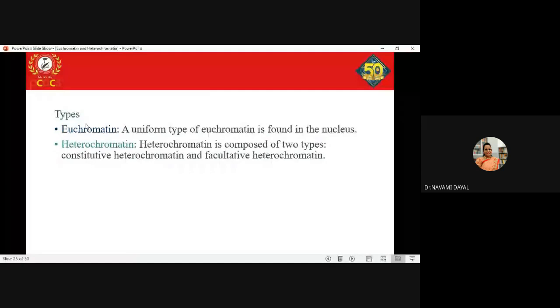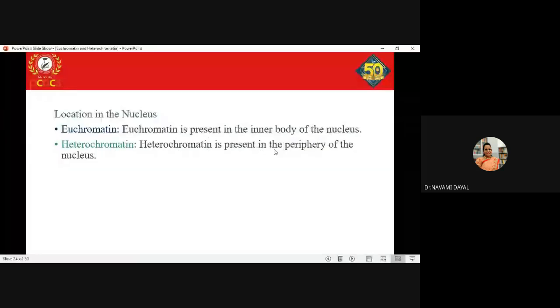The types: there is only one type of euchromatin found in the nucleus, whereas heterochromatin is of two types, constitutive heterochromatin and facultative heterochromatin. Location in the nucleus: euchromatin is present in the inner body of the nucleus, and heterochromatin is present towards the periphery of the nucleus.